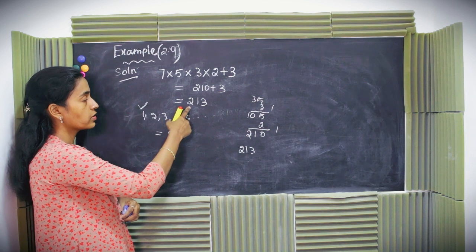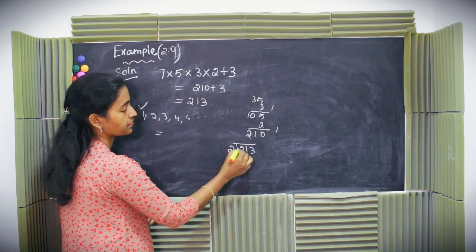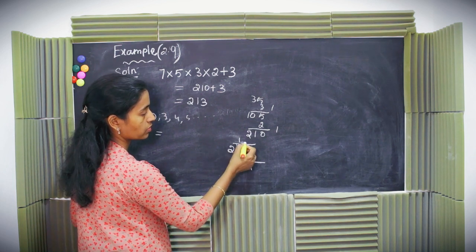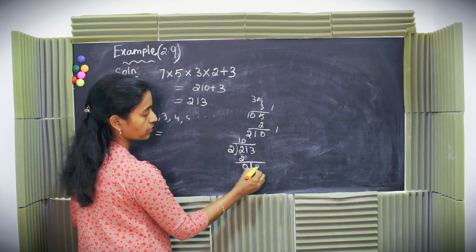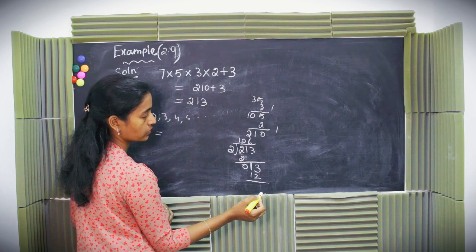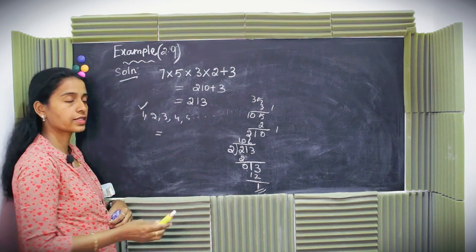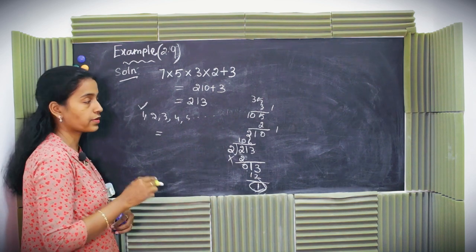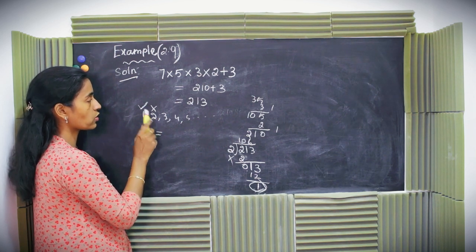So here, if you are dividing 213 by 2, we'll be getting some remainder. So 2 is not a factor of 213.